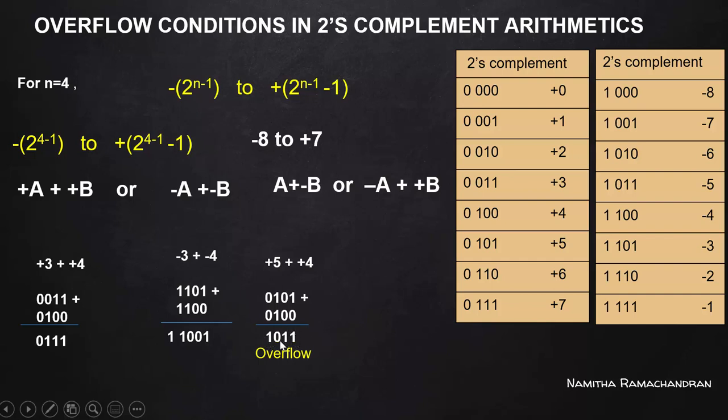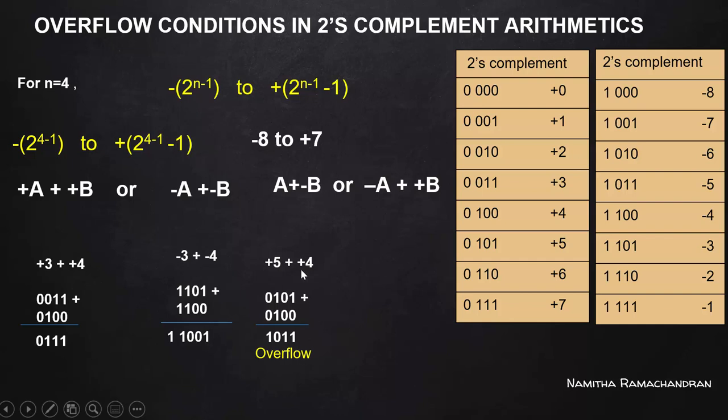This obtained number 1011 is actually the 2's complement representation of minus 5. But our expected result is the representation for positive 9. This is not possible here using a number of bits equal to 4. So this is a case of overflow.